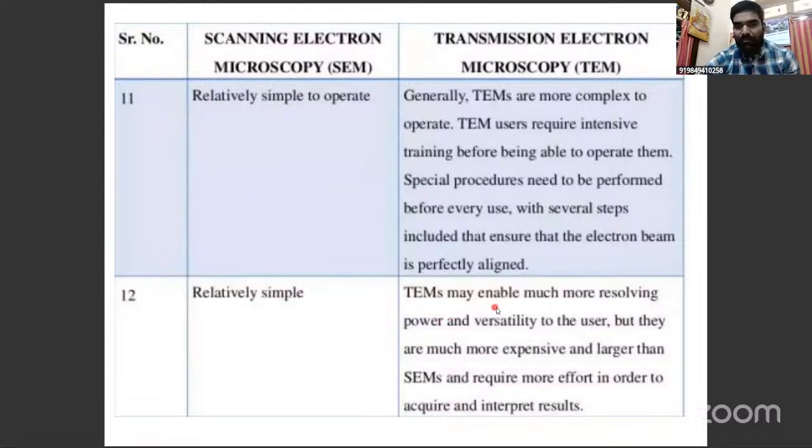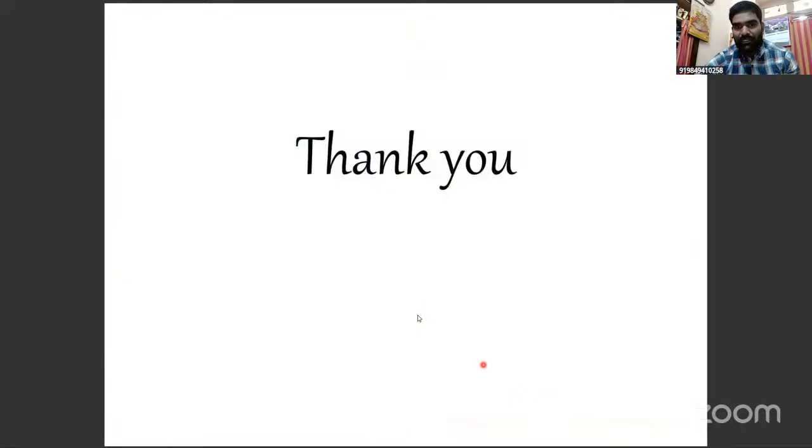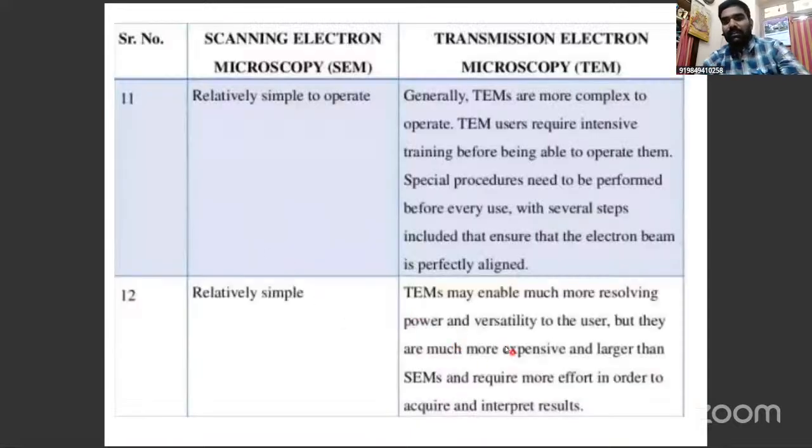TEMs may provide much more resolving power and versatility to the user, but they are much more expensive and larger than SEMs and require more effort to acquire and interpret results.